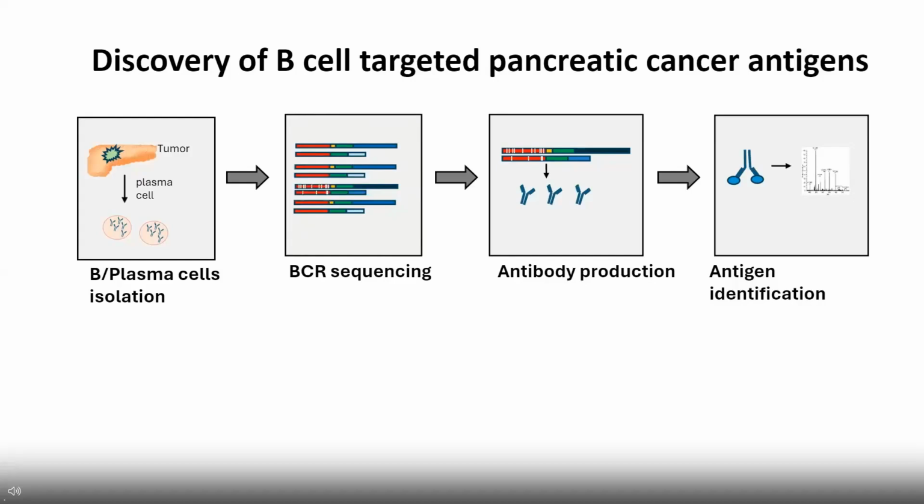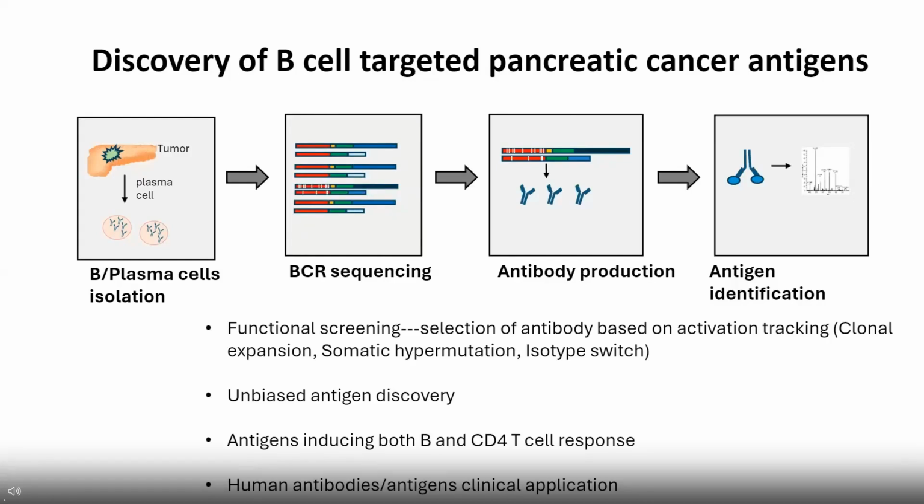We think this approach can provide multiple benefits in identifying cancer antigens. First of all, it is a functional screening, because based on the key features of B-cell activation, we can select antibodies that went through clonal expansion, somatic hypermutation, and isotype switch. So those antibodies already indicate an activated B-cell response. This is also an unbiased approach to antigen discovery.